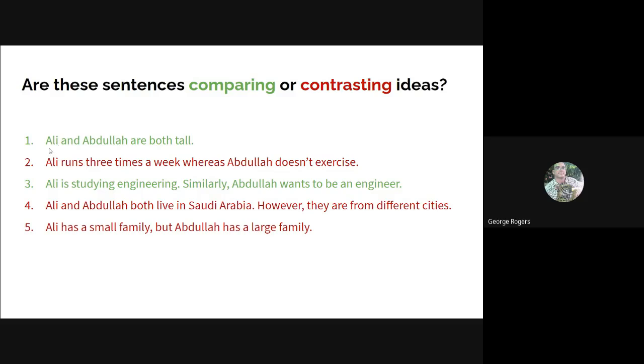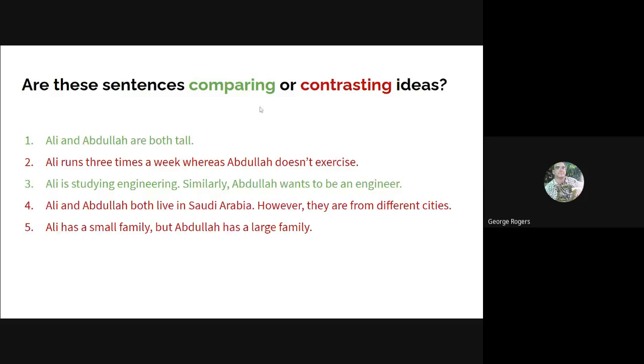Ali runs 3 times a week, whereas Abdullah doesn't exercise. So that's contrasting how Ali and Abdullah are different. Ali exercises a lot, but Abdullah doesn't exercise. Ali runs 3 times a week. That's good exercise. Abdullah doesn't exercise. So very different there.